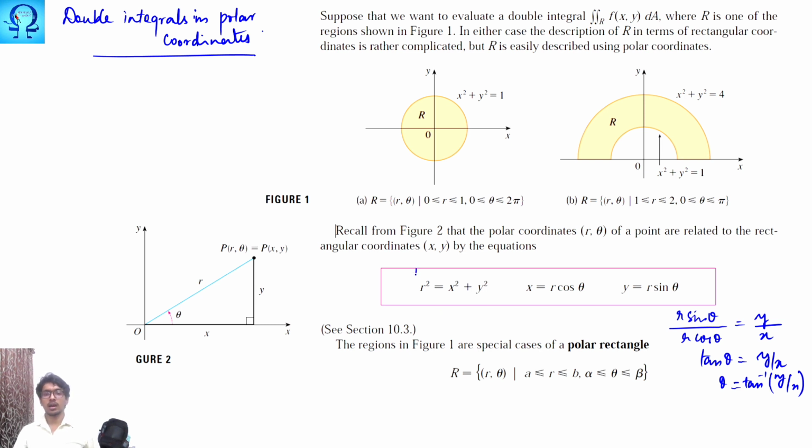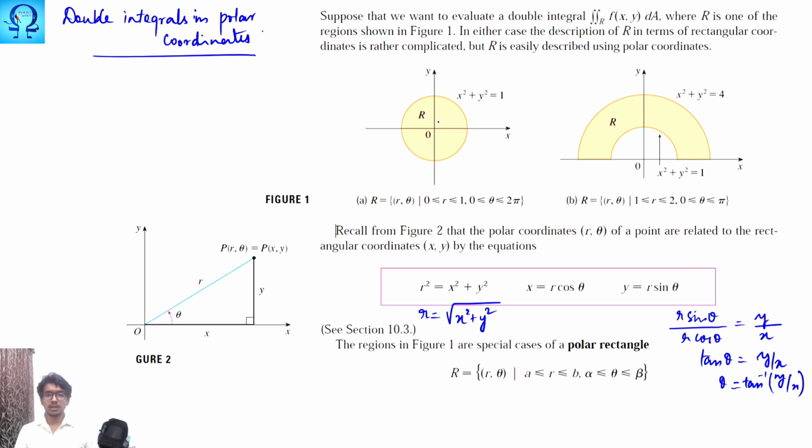And we know r shall be written as the square root of x squared plus y squared, the positive square root. So we are actually converting this region R from Cartesian coordinates to polar coordinates. Cartesian coordinates are also called rectangular coordinates. Right? We are converting this way.